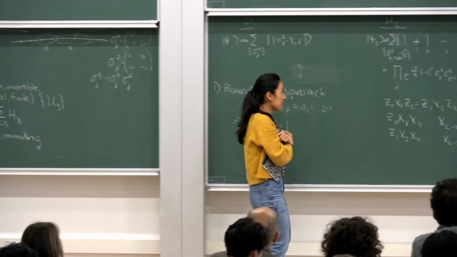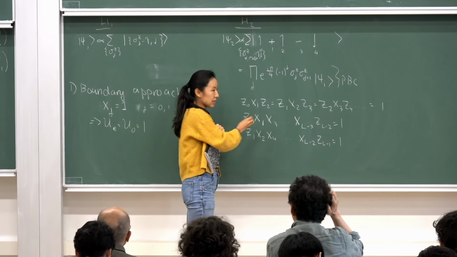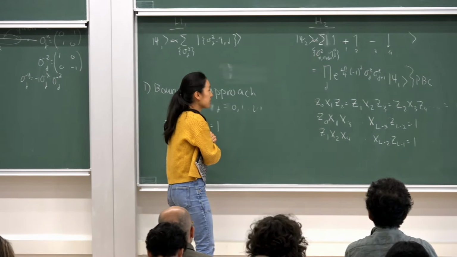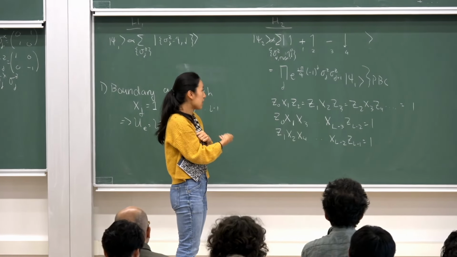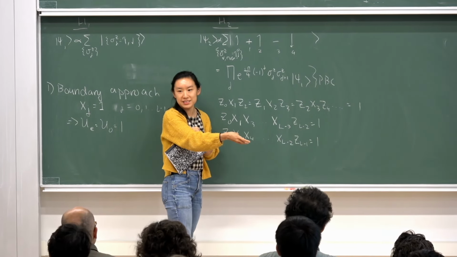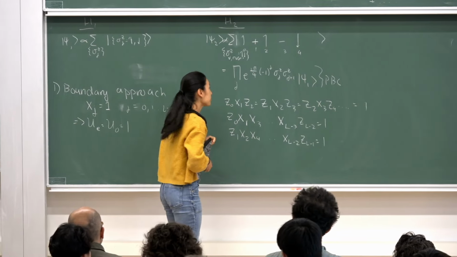On my ground state, all of these act as identity. I'm going to consider all the states for which these all have eigenvalue 1, so they look like the ground state in the bulk of the system.